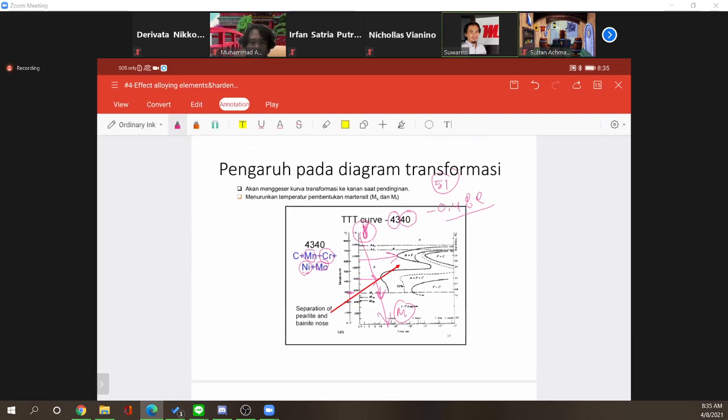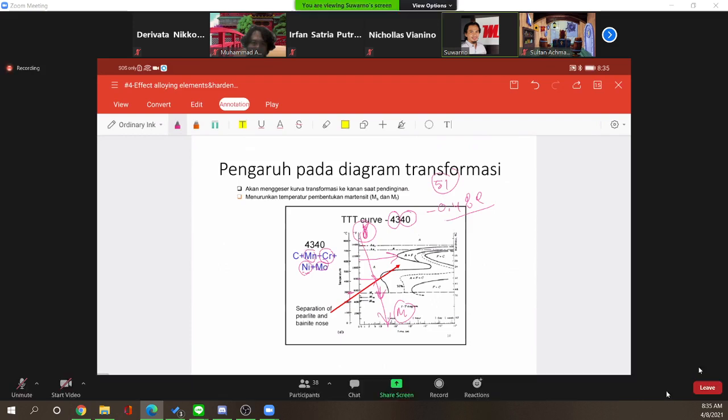First is the phase diagram. We know the effect of alloying element into the phase diagram, and now we also know the effect of alloying element into the TTT diagram, and we also learn the consequence of that effect into the technical procedure to make or to modify the microstructure, right? For example, from the perspective of formation of martensite.